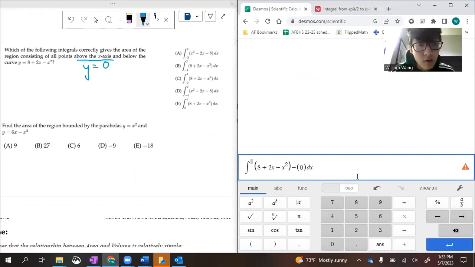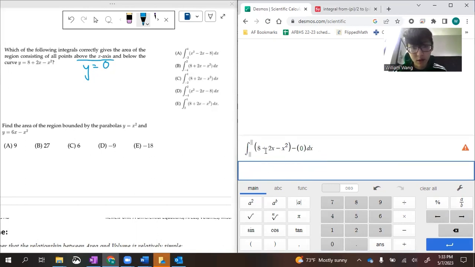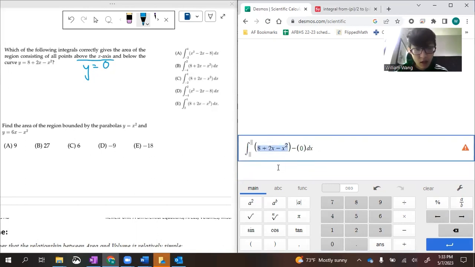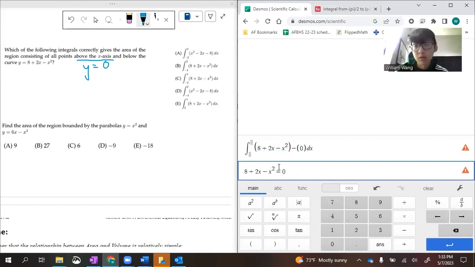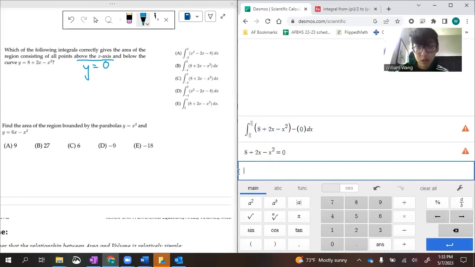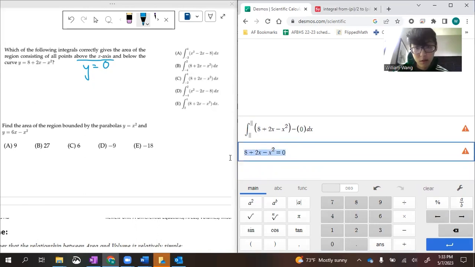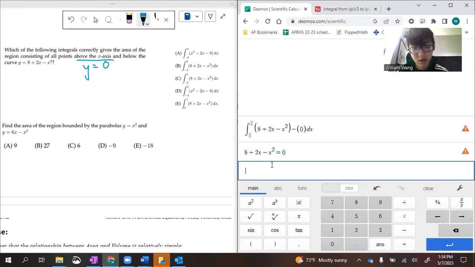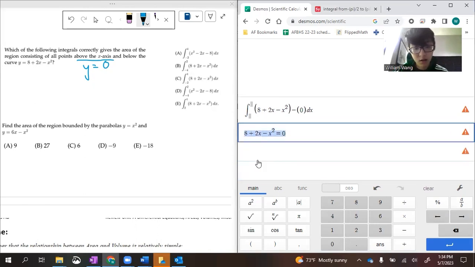Cool. Now, the real question is, what are my bounds? Well, looking at these answer choices, it looks like it's going to be some variation of -2 to 4. But let's see. To figure out what my bounds are, you take your equation and set it equal to 0, right? You set the points of intersection equal to each other.